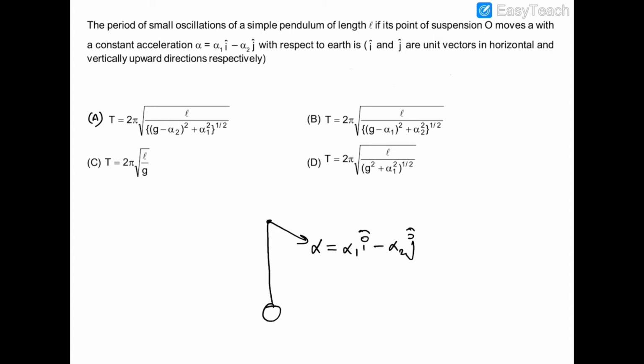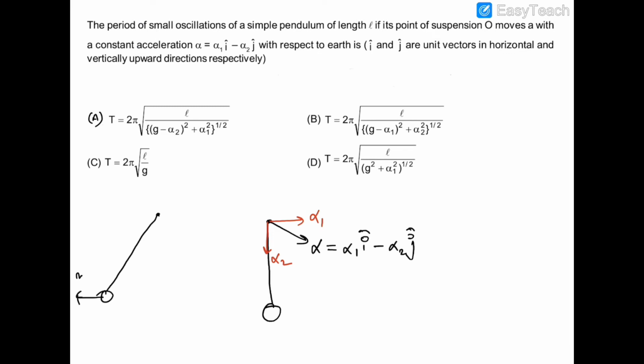Now you can find out the mean position. First of all, we have to check the pseudo forces which are acting on this pendulum. We know that there would be two components of this acceleration. This component in the x direction would be α1 and this would be α2. So a pseudo force would be acting upon this pendulum ball in the backward direction like that. Let us draw this pseudo force like that.